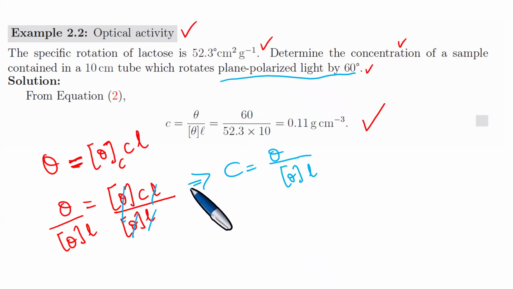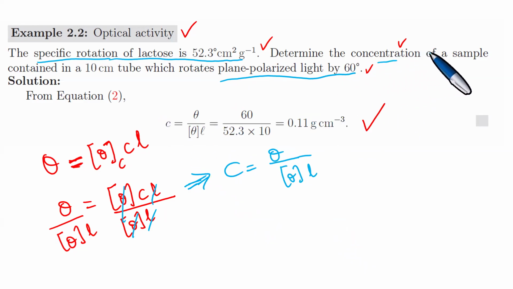And then you continue: the specific rotation is 52.3 degrees square centimeters per gram, multiplied by the L, and that gives the concentration itself.